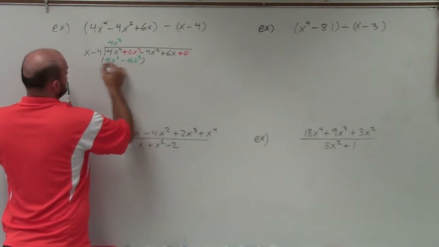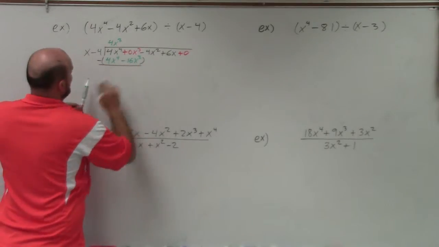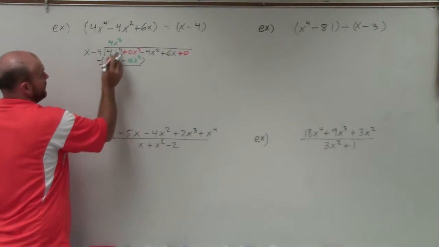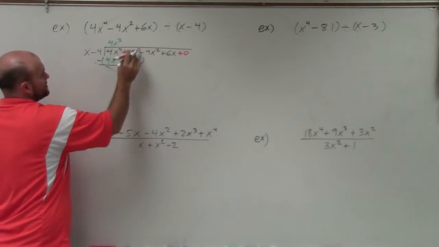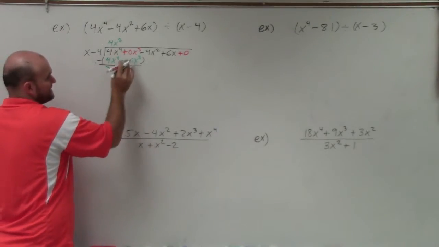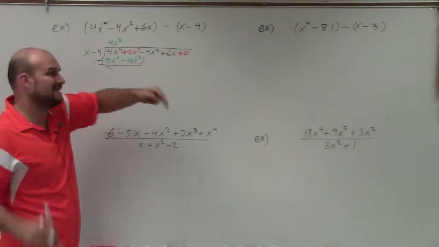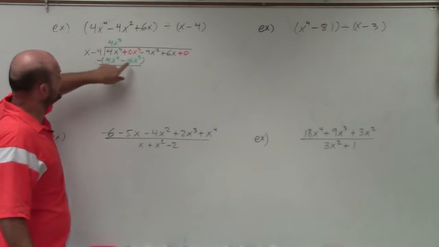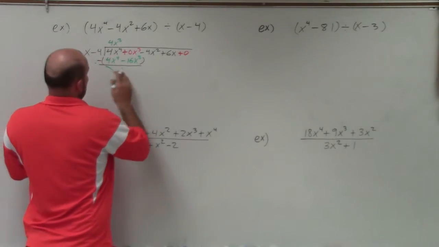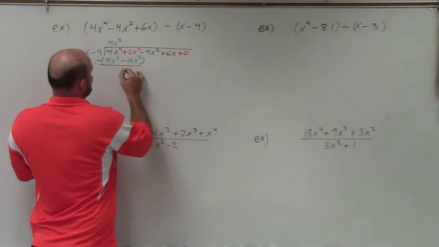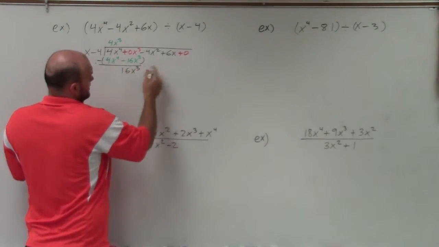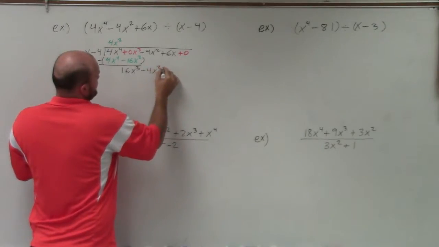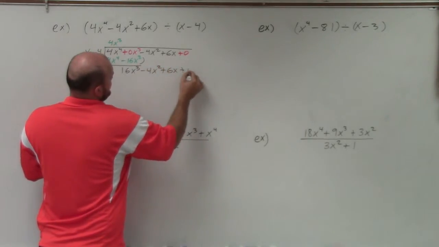Then again, I'll put them in parentheses and subtract. 4x to the fourth minus 4x to the fourth is 0. 0x cubed minus negative 16x cubed, so it's 0x cubed minus a negative. That's going to give me a positive 16x cubed. Then bring down the rest of what you have: 4x squared plus 6x plus 0.